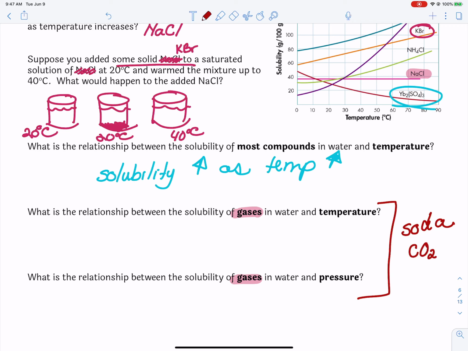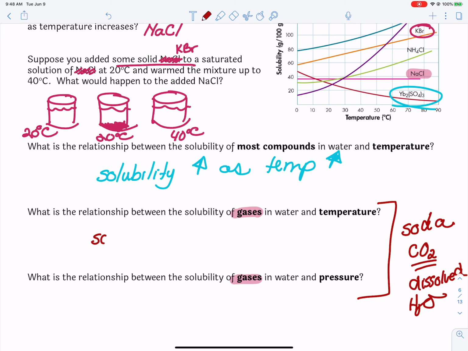A carbonated beverage is where carbon dioxide is dissolved in water. So what happens to the solubility of that carbon dioxide as the temperature increases? And you guys probably know this, that it becomes flat. Well, what does it mean to become flat? It means there's no or less carbon dioxide dissolved.